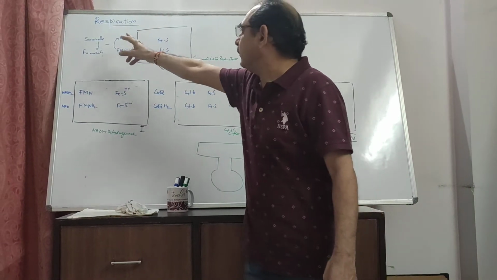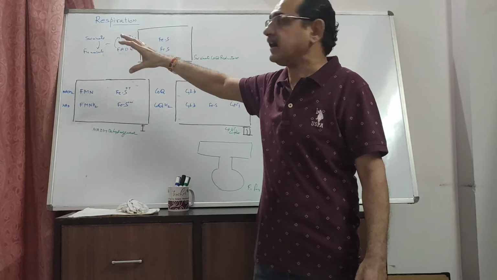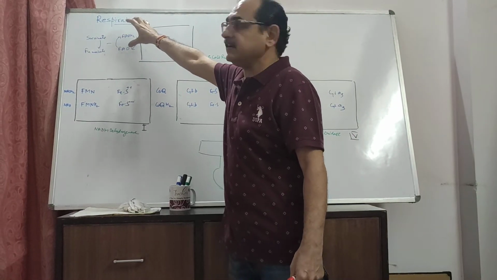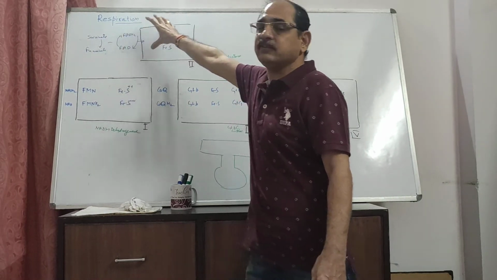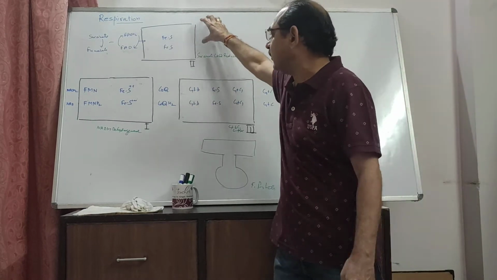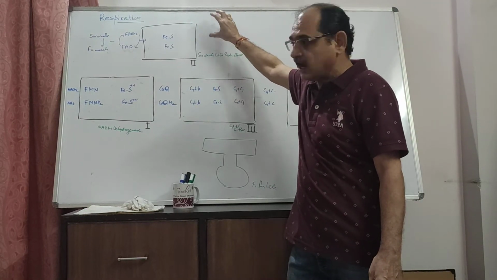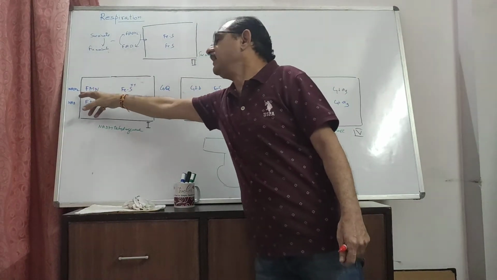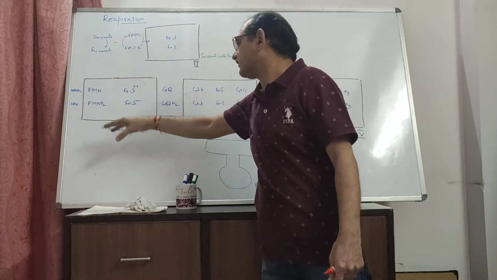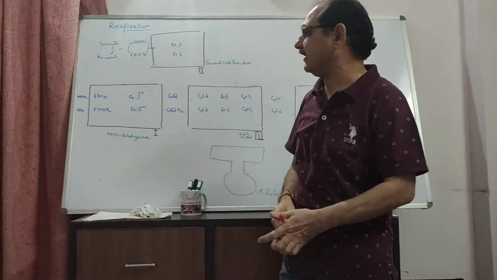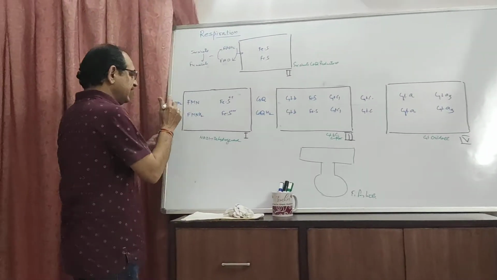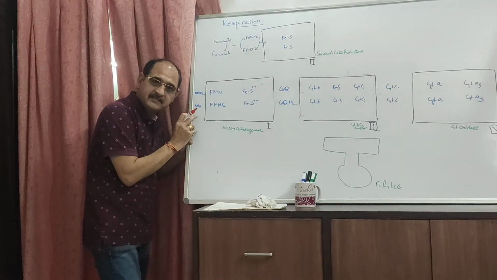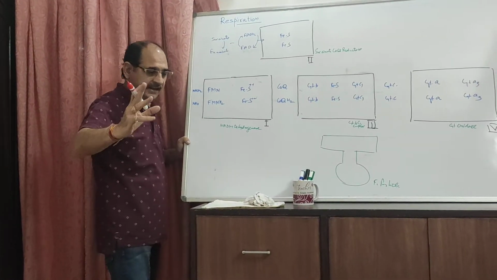So only in one case hydrogen is obtained by the FAD, and then that FADH2 enters the electron transport chain in complex second. However, when it is in the form of NADH2 at other places, it enters into complex first.